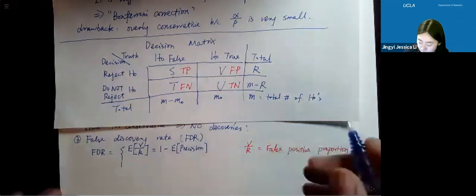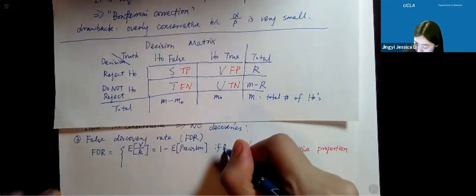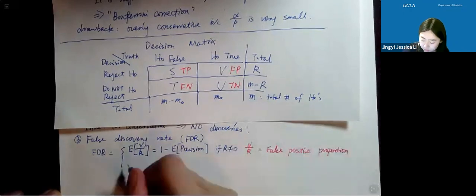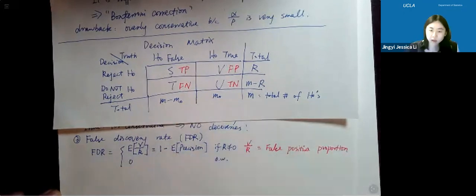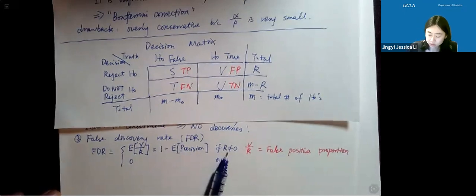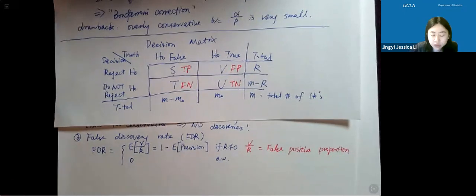We just make a special case: when R is 0, we just set FDR to 0. This is the definition of FDR. So then the goal is to control this FDR under some pre-specified alpha, 5% say, and then find the corresponding threshold on the p-values to achieve FDR control.